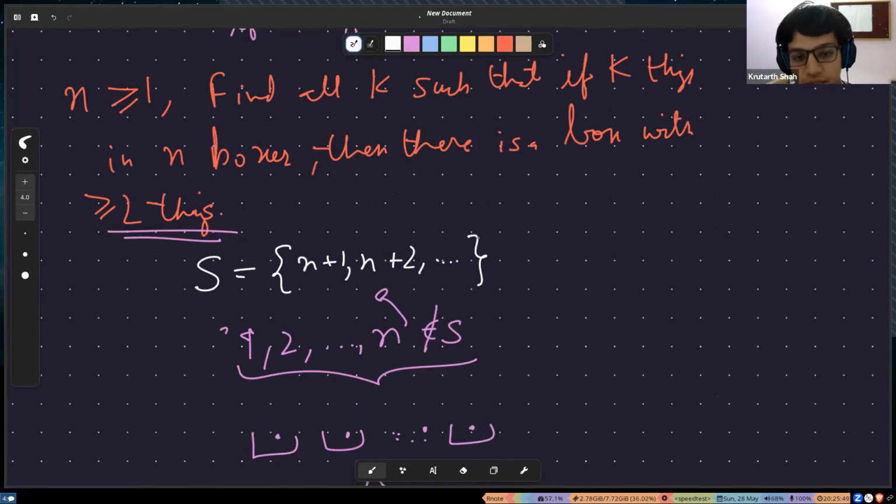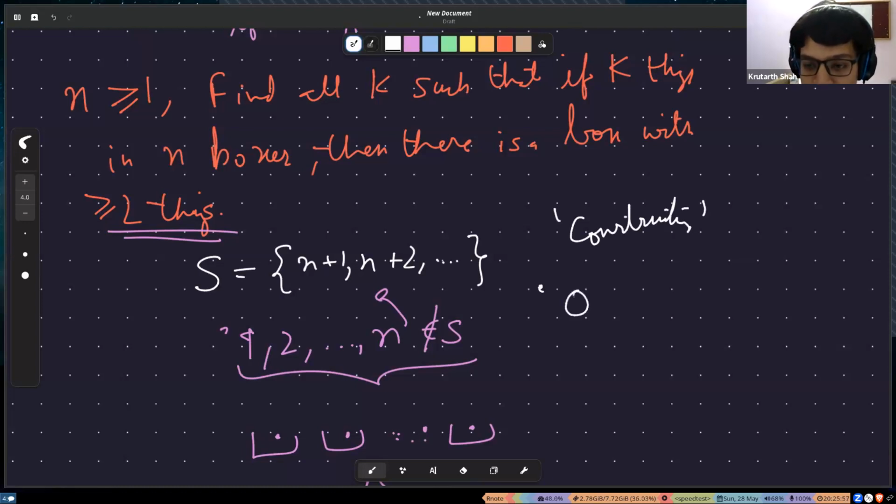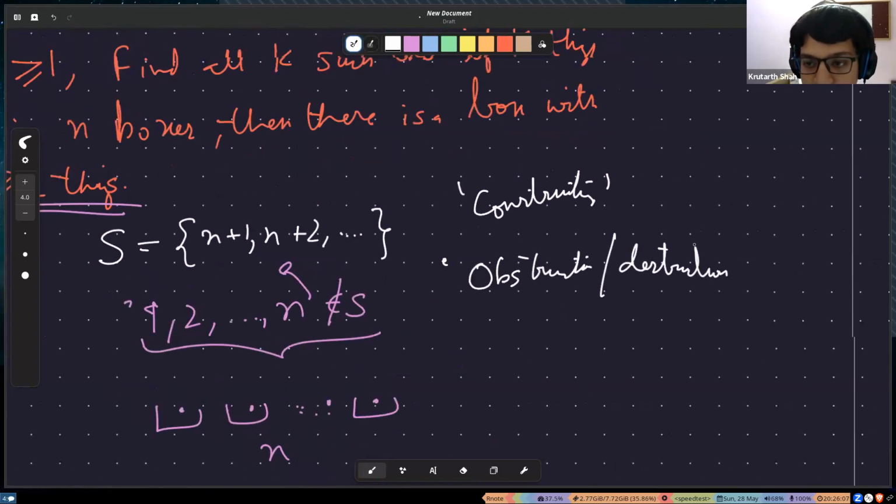Right. So usually we say there are two parts. There's this construction part, or obstruction, or like destruction, you can also call it.